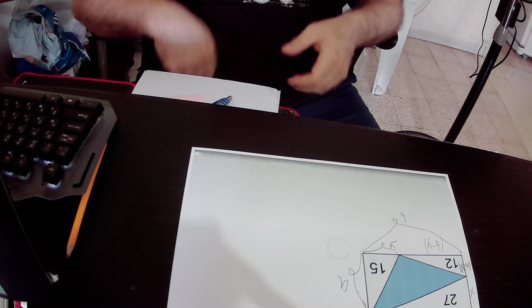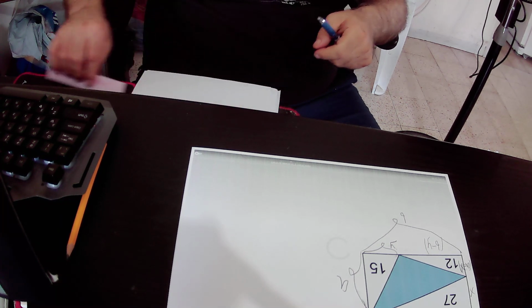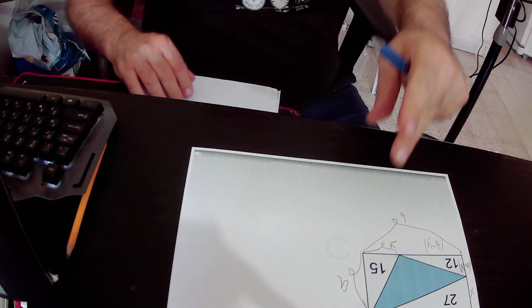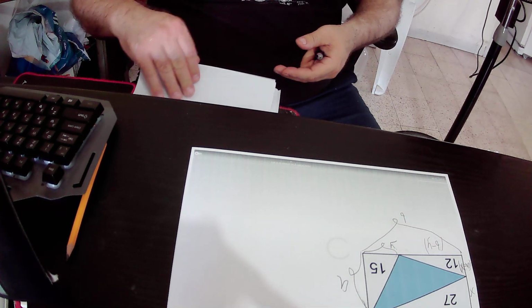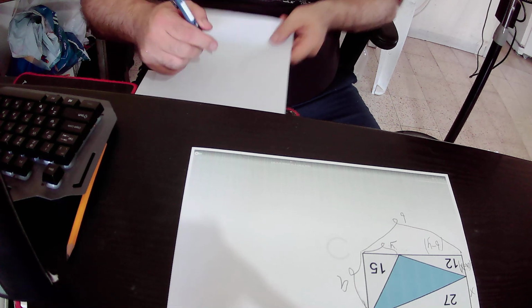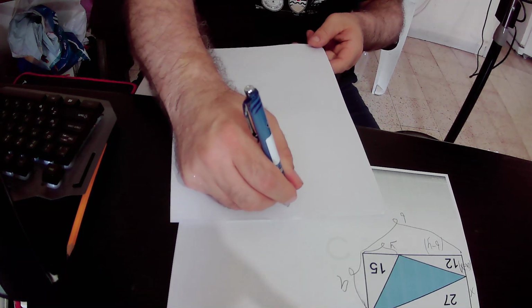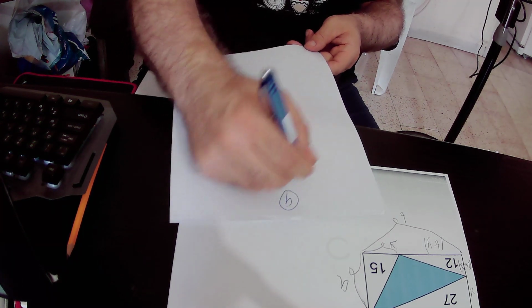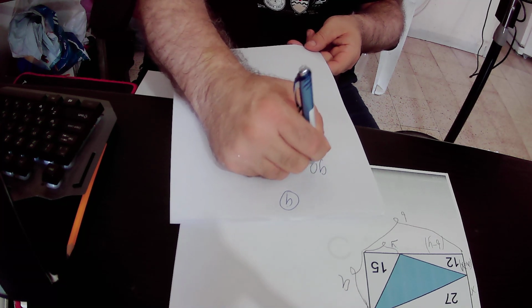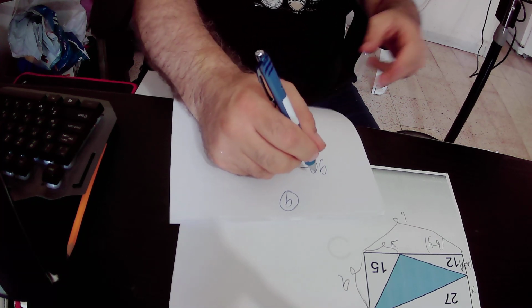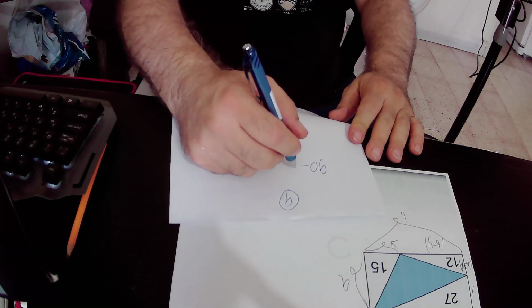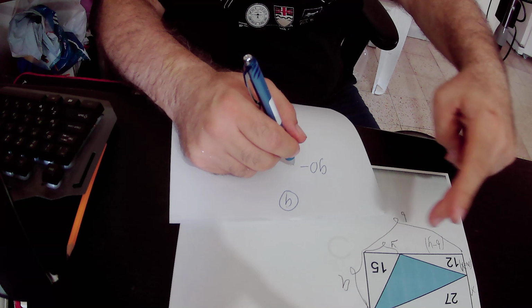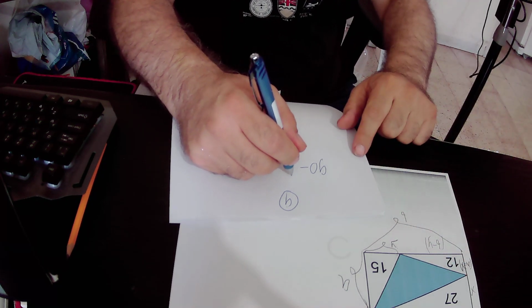And the only option that is left for A times B, that is the area of this rectangle, is 90 units. And after we know that the area of the rectangle is 90 units, we subtract from the area of this rectangle, that is 90, the area of these three right triangles.